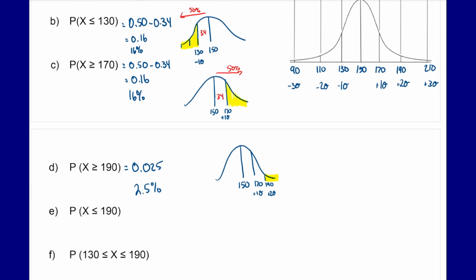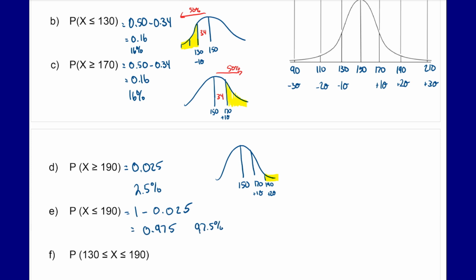What about the probability of it being less than 190 grams? Well, we can still use the indirect method. If we know that above 190 is 0.025, then below is going to be 1 minus 0.025, or 0.975 or 97.5%.